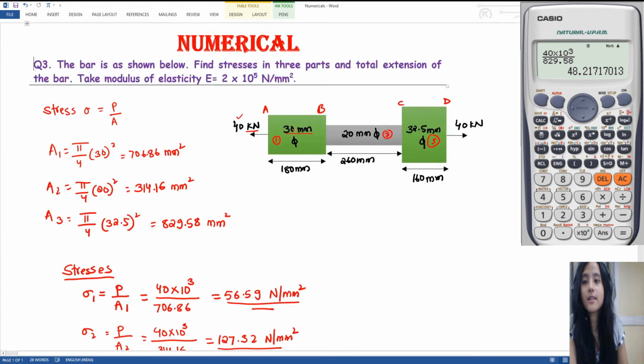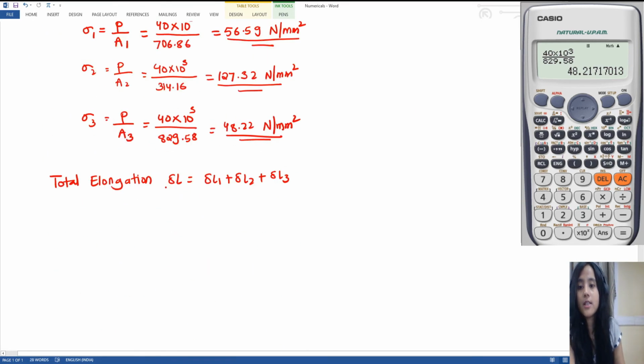Again, in this case, the areas and the lengths are changing, but the applied force P and E remain the same. So we can take out P by E common outside, and then L1 by A1 plus L2 by A2 plus L3 by A3, right?